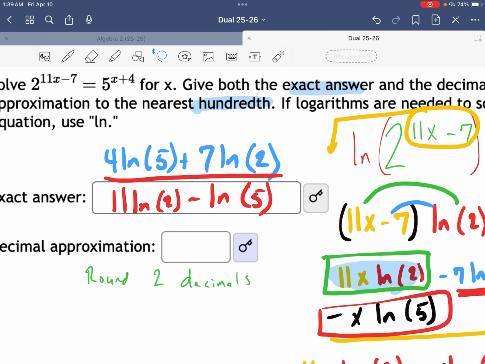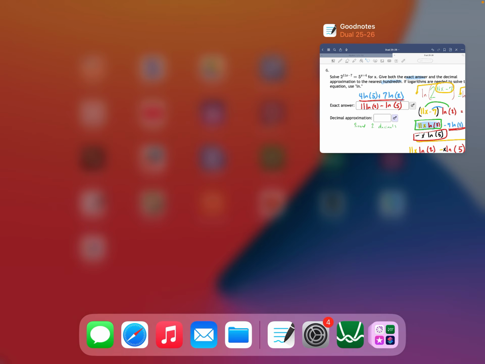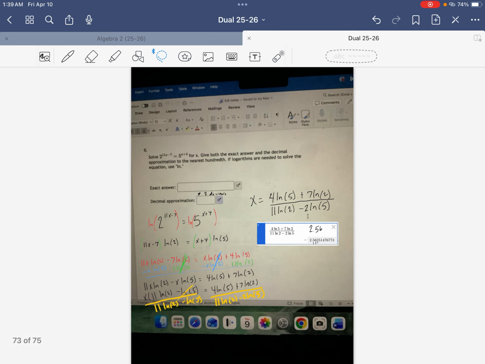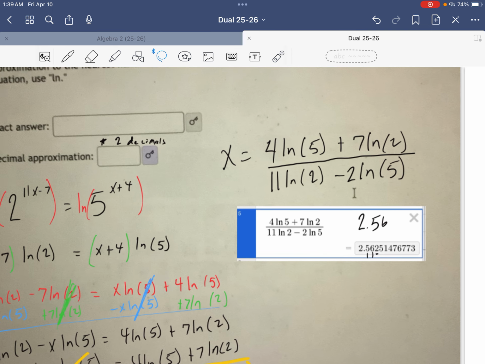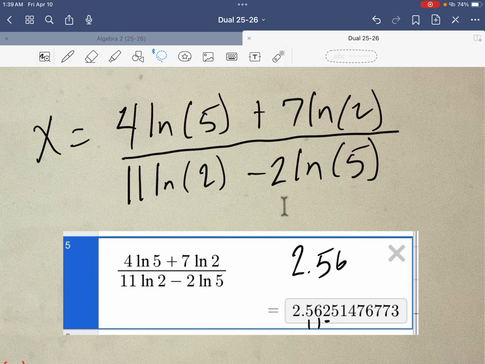Okay, and then how do you get the decimal? Well, you put all that in the calculator, which would be right here. Four ln5 plus 7 ln2, divided by 11 ln2 minus ln5.